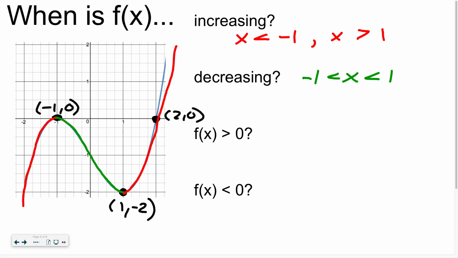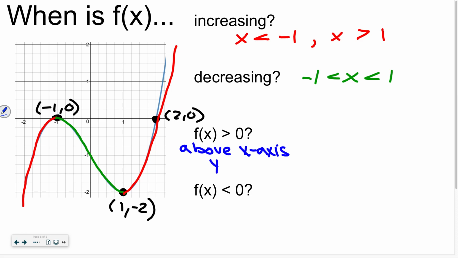Okay, so now let's talk about when is f of x greater than 0. Well, that's when is y greater than 0. Where are y's greater than 0 on the graph? Above the x-axis. So maybe make yourself a note here, above x-axis, if you need to.